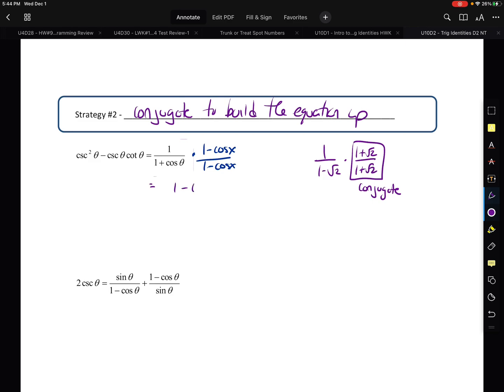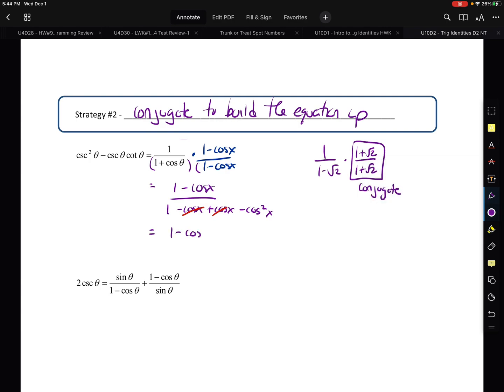That makes my numerator 1 minus cos x, followed by 1 minus cos x plus cos x minus cos squared x, because we had the FOIL. And with that, my two middle terms cancel out.